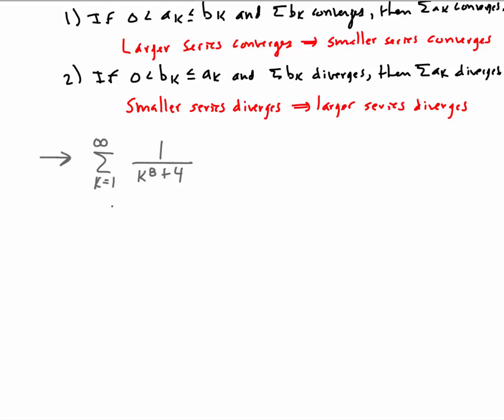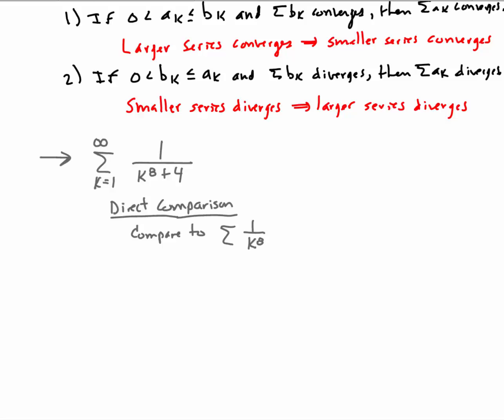So I'm going to use direct comparison, or if you want to just call it comparison, you can, but be aware that we're going to learn another comparison test and they can get confusing. So that's why I like to call this one direct comparison. So sometimes trial and error, I don't know what will work, so we got to try something. So I want to compare this to 1 over k to the 8th.